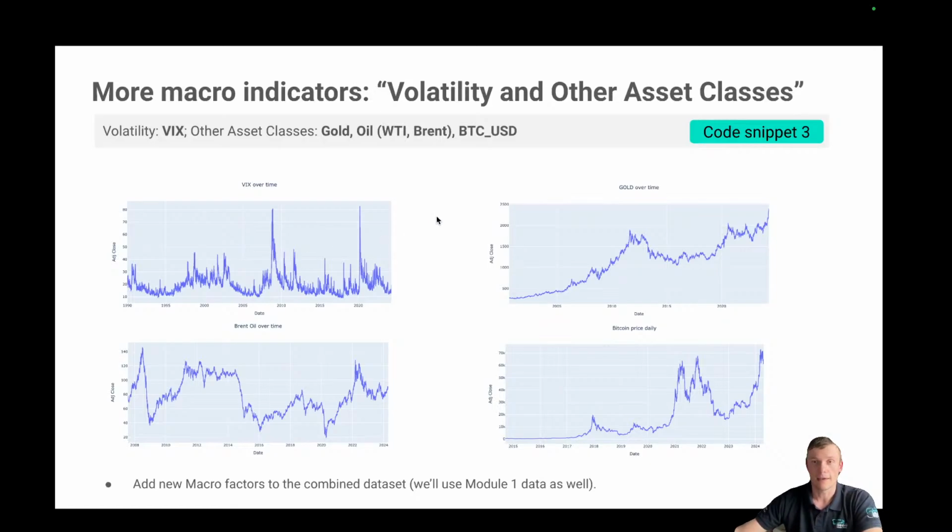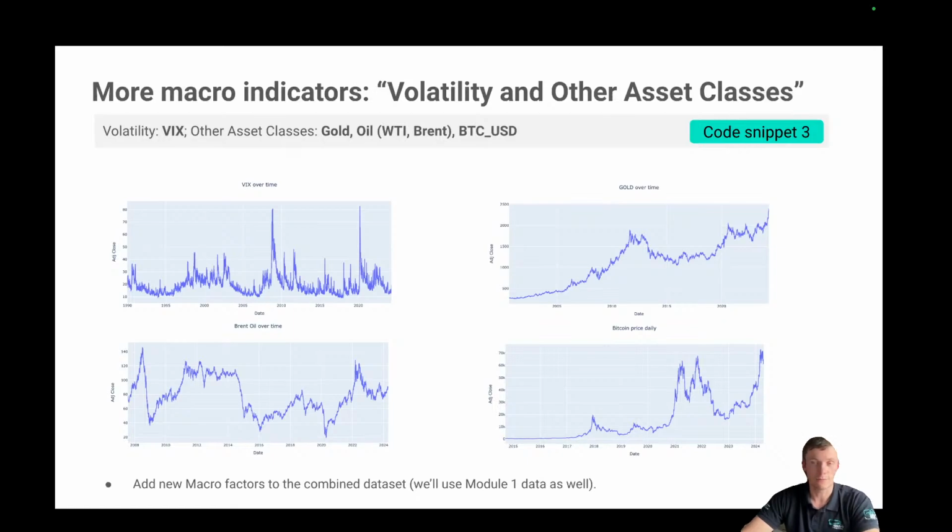Then I add 3 more asset classes. Here it's gold, Brent crude oil, and Bitcoin. You can add even more than that. You can see that the time series are quite different for all of these classes. The main hypothesis is that we live in a complicated and interconnected world.